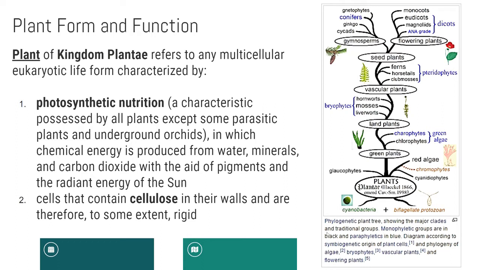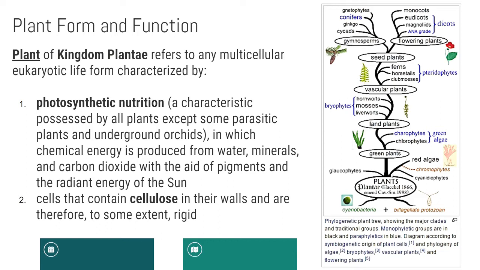This diagram shows us the phylogenetic tree of plants. It shows us the ancestors of plants. Before, cyanobacteria existed separately from other protozoans, but the common ancestors of plants gave rise to the different forms of plants that we know today.